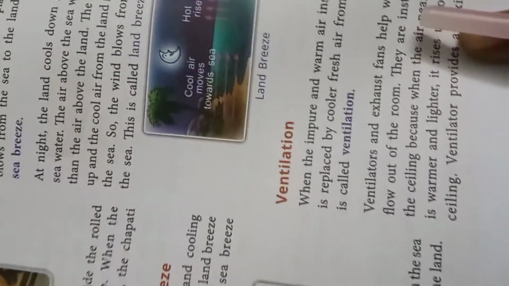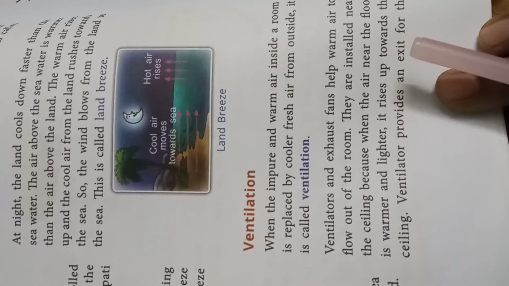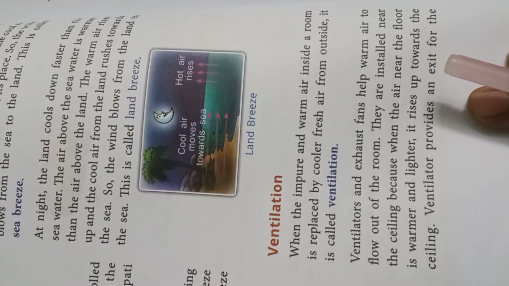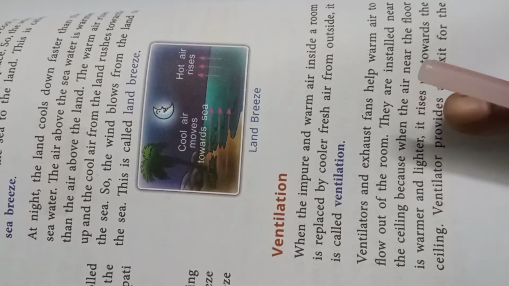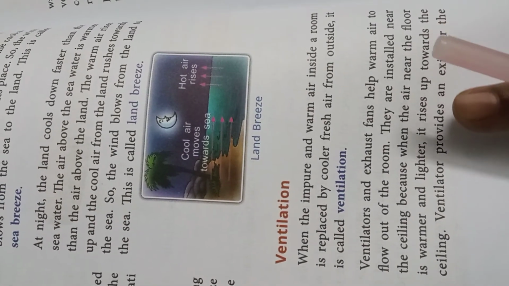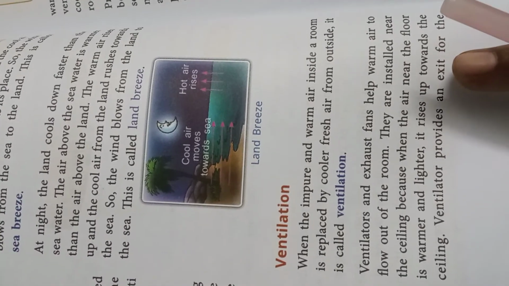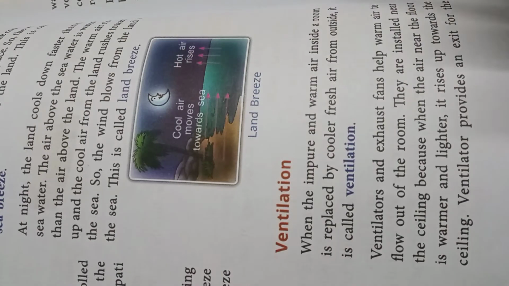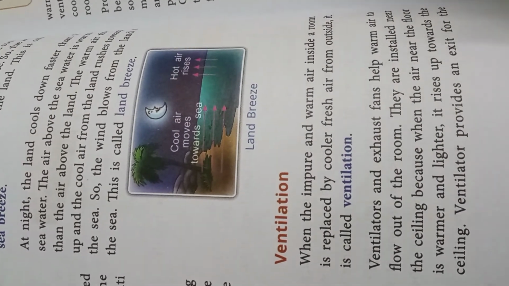Ventilators and exhaust fans help warm air to flow out of the rooms. They are installed near the ceiling because the warm, lighter air rises up toward the ceiling. That's why ventilation is used at home.